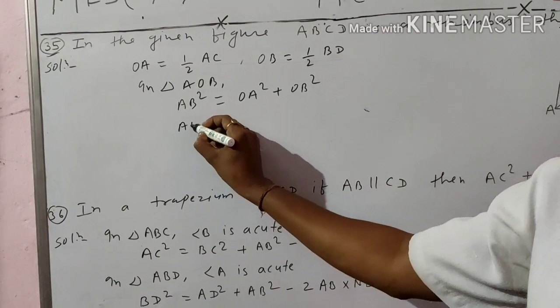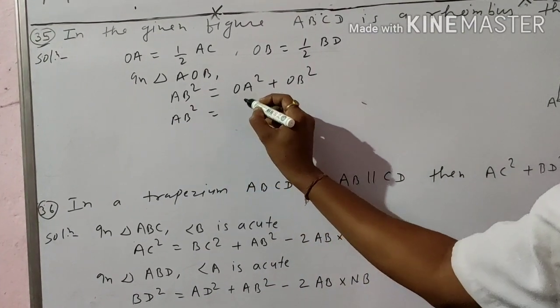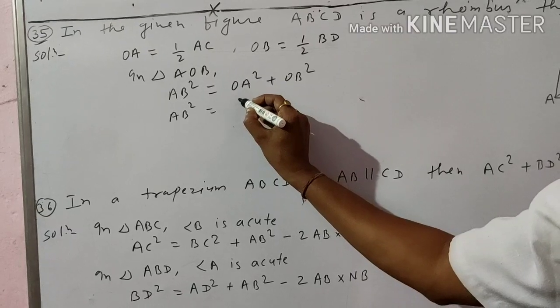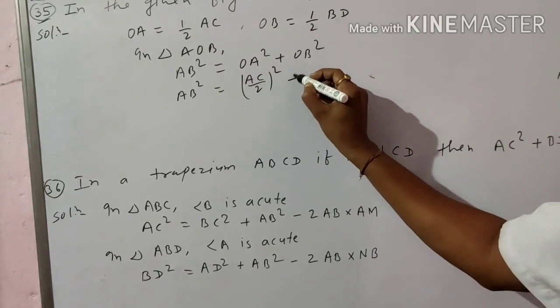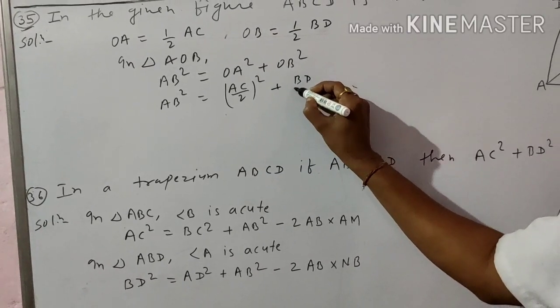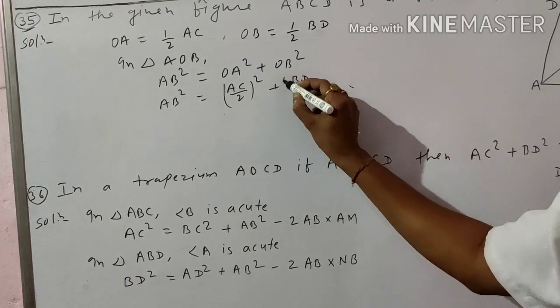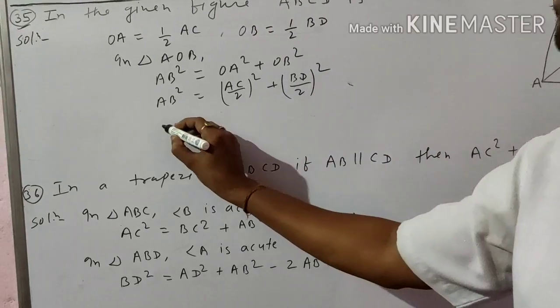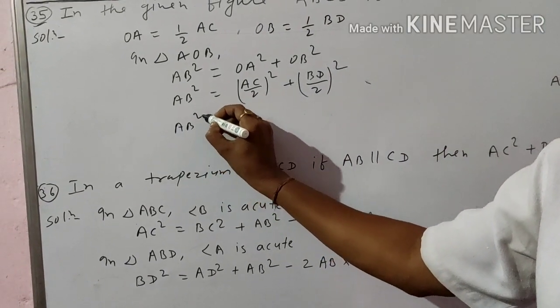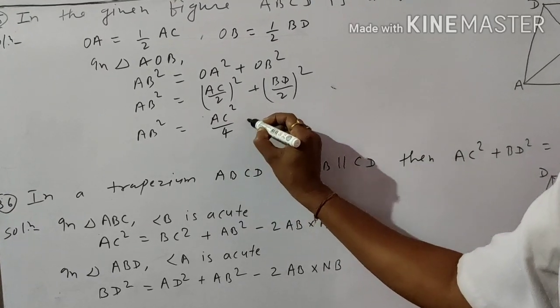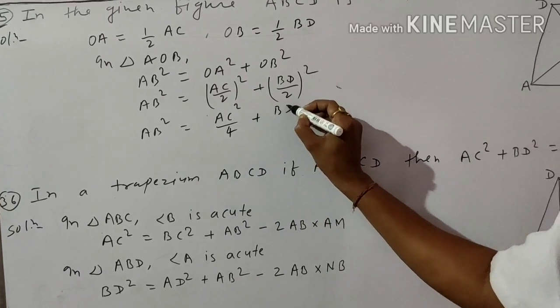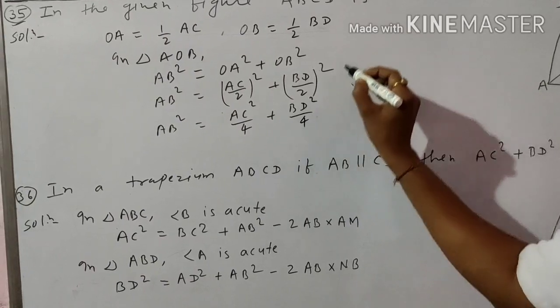So AB square is equal to (AC by 2) whole square plus (BD by 2) whole square. So AB square is equal to AC square divided by 4 plus BD square divided by 4.